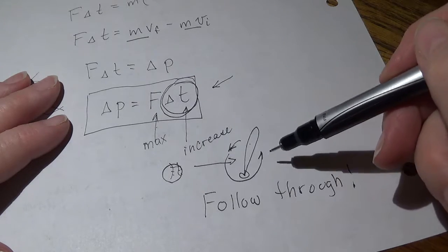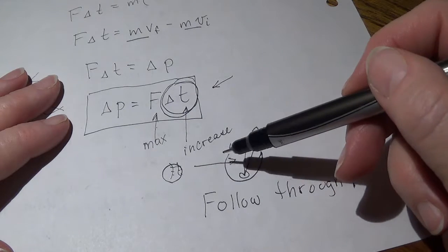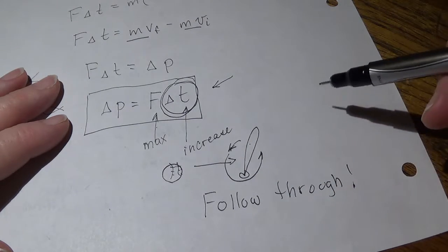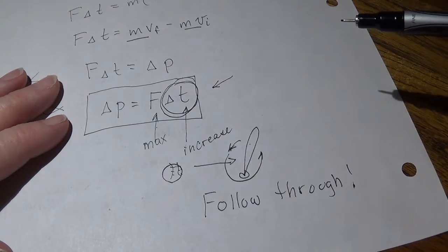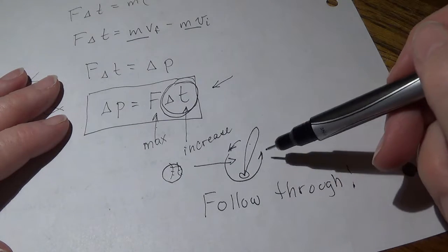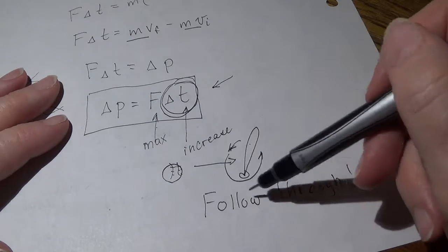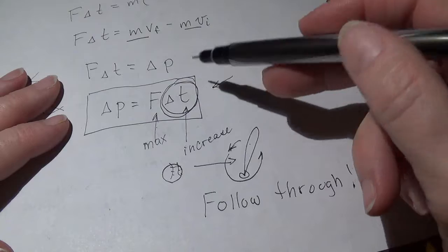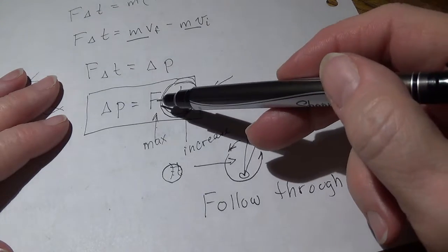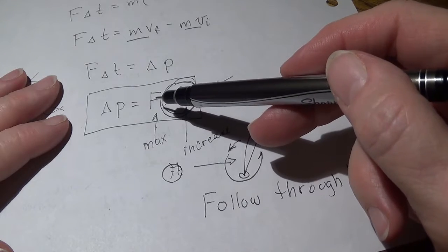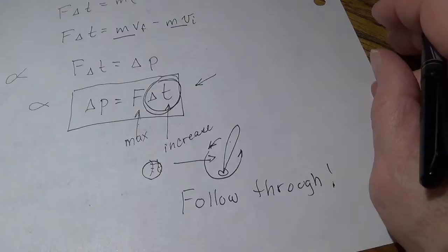So if you were a poor hitter, it may have been because as soon as the bat contacted the ball, you dropped the bat and you had no follow through. But a follow through will increase the change of time of contact between the ball and the bat, and the force is at a maximum. You're swinging as hard as you can, and then you'll have the maximum momentum.